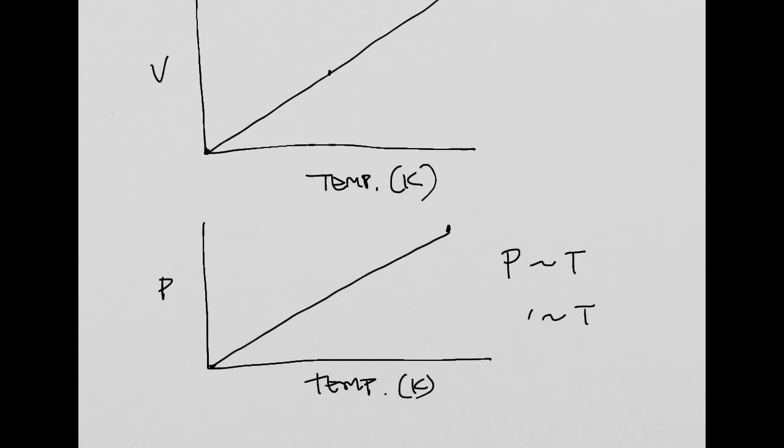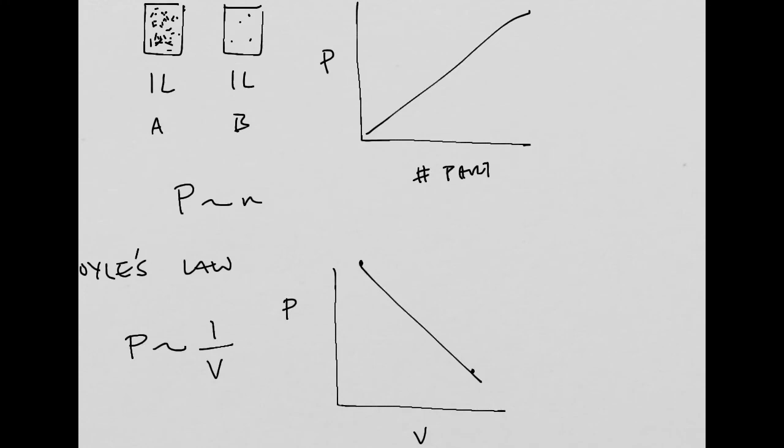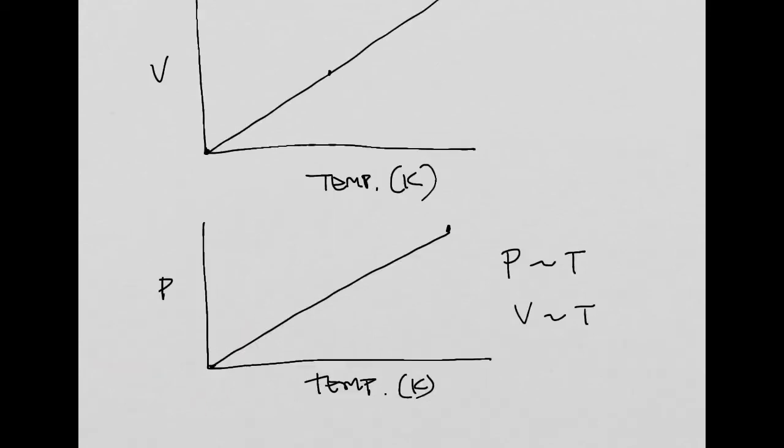It's definitely the case that volume, in the first case up here, is directly proportional to temperature. So let's take all four pieces together. We have pressure directly proportional to the number of moles. We have pressure inversely proportional to the volume. We have pressure directly proportional to the temperature. And we have volume also directly proportional to temperature.